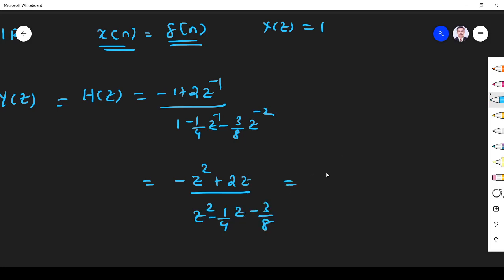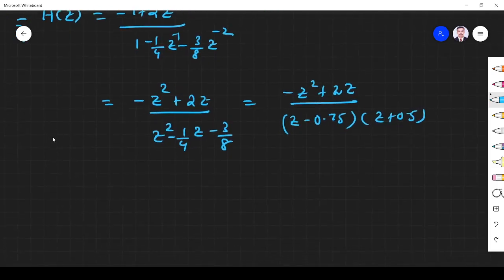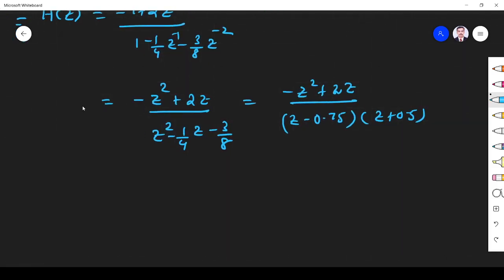The denominator I can write as z minus 0.75 and z plus 0.5. Okay, so this is what H of z is.